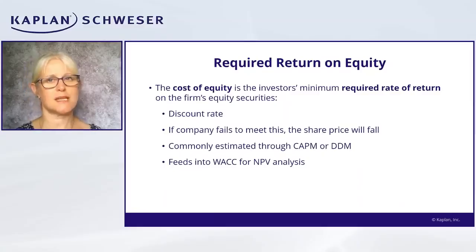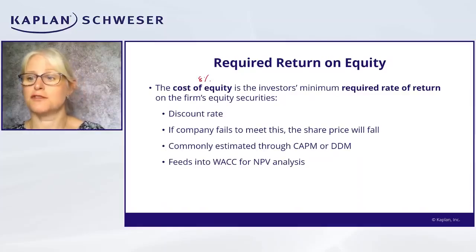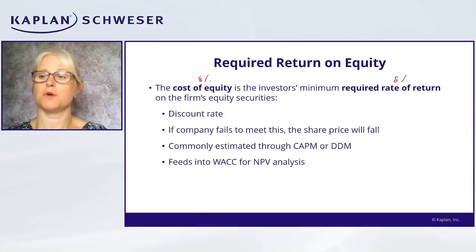What's it costing us to keep our shareholders happy? For example, as a percentage, 8%. So it's like an interest rate, but what do we need to give our shareholders through dividends and growth to keep them happy? 8%. And that comes from the investors saying, I will buy shares in your company, but I'd like an 8% return every year on my investment.